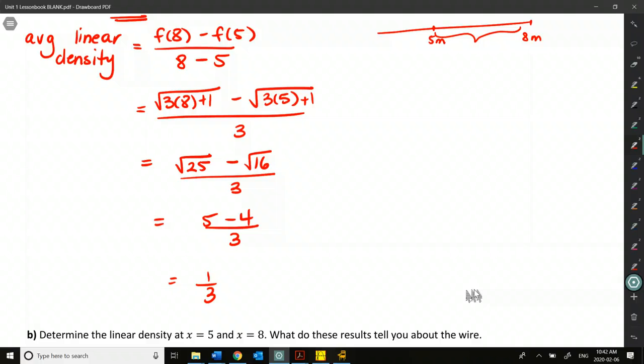Okay, when we find an average rate of change versus an instantaneous rate of change, we still have something per something units. So in this case, we found the average rate of change of mass over distance, so it's going to be kilograms per meter.